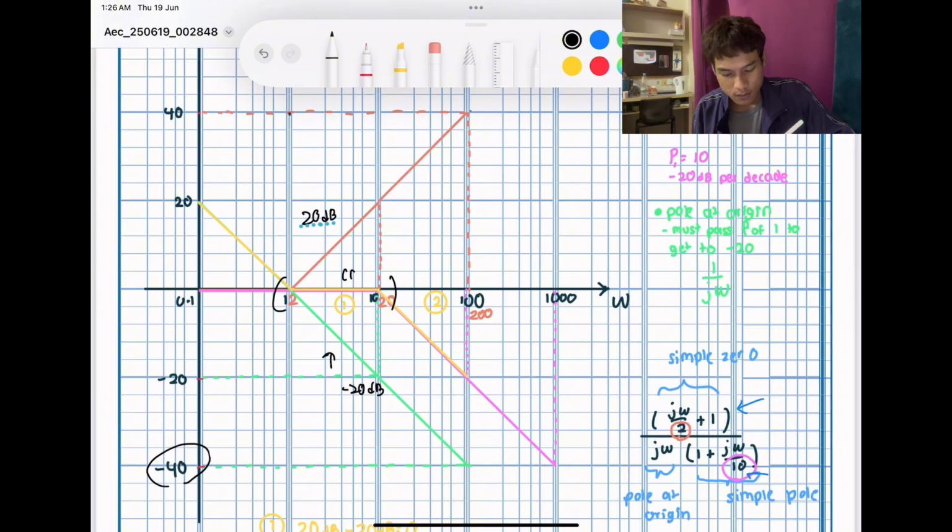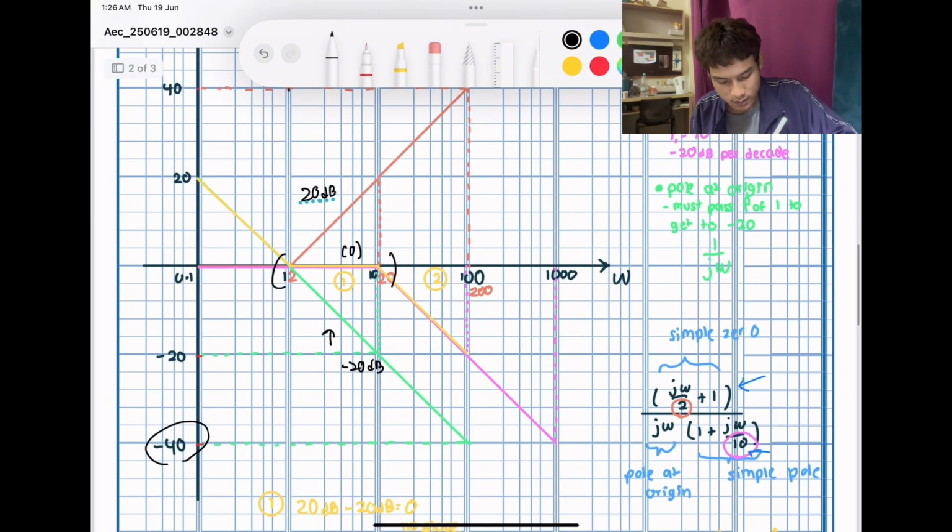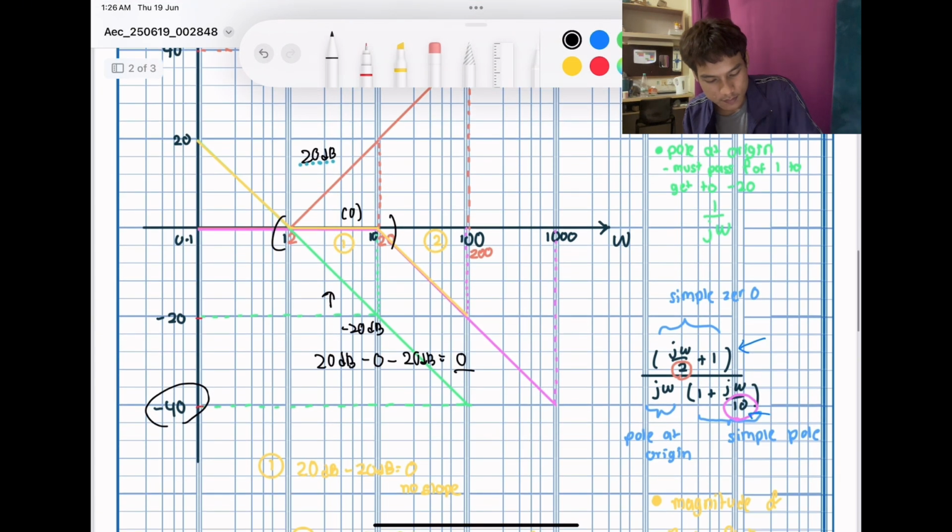Thus, to find the magnitude at this range, you do the calculation 20 decibels minus 0 and then minus negative 20 decibels. You will get 0. Since it's 0, the magnitude of the Bode plot will be flat right here.